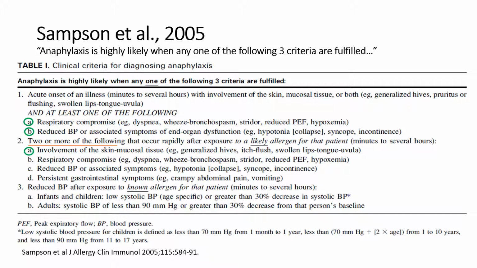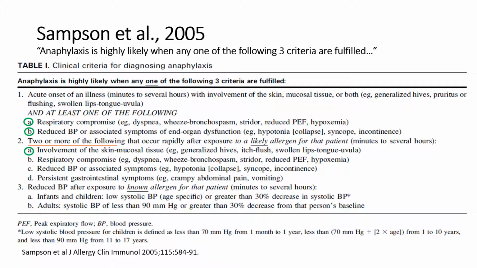Or they know that they are allergic to bee stings and they got stung by a bee. So when there's a likely allergen for that patient and the patient can provide the medical history, any two of these is going to be making the diagnosis of anaphylaxis for quick treatment response.